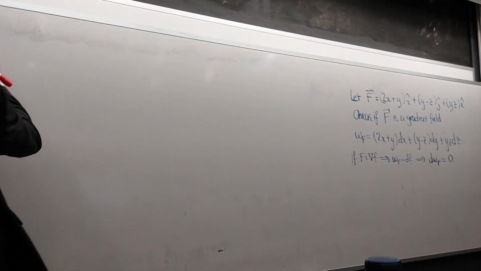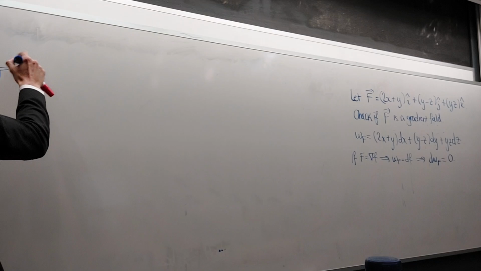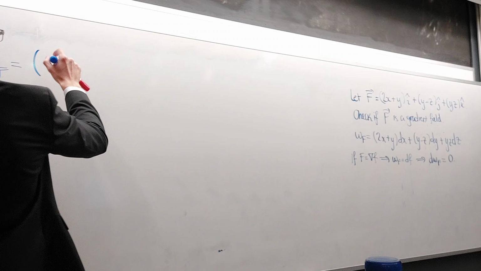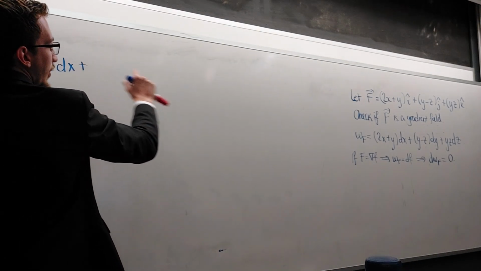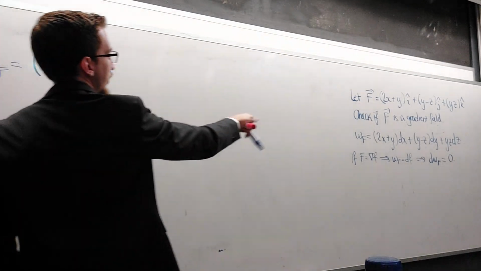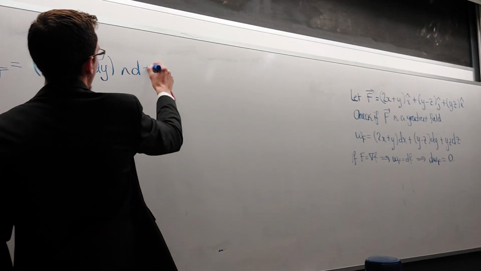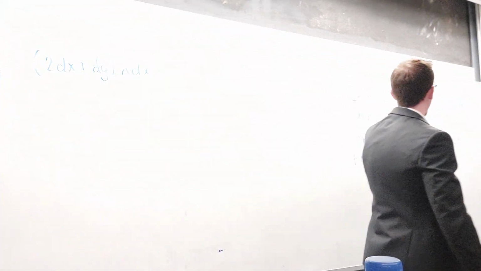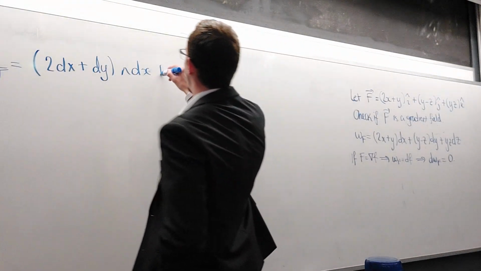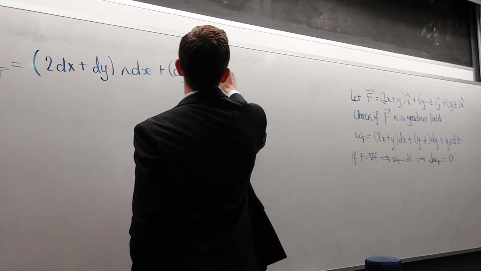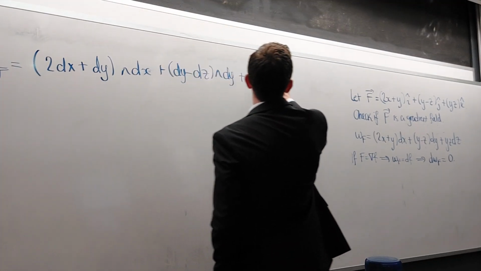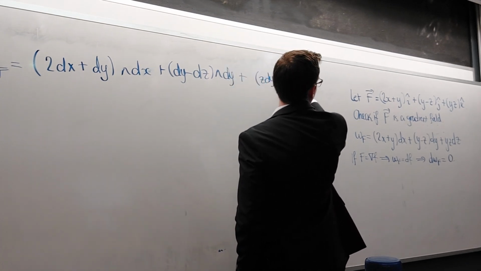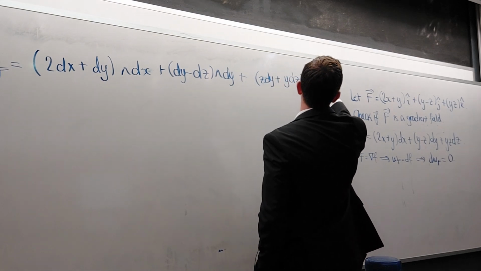Okay, so let's compute d omega f. What do I get? Well, if I differentiate 2x plus y in the x, I get 2dx. And I should get dy. There's no z terms, that's fine. Wedge dx. Next term, I should get a dy minus dz wedge dy plus z dy plus y dz wedge dz.